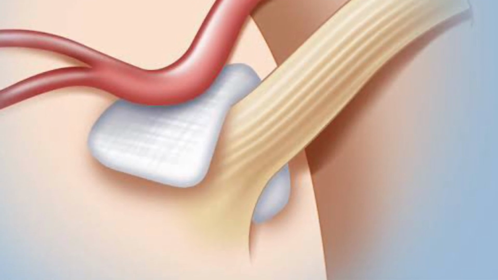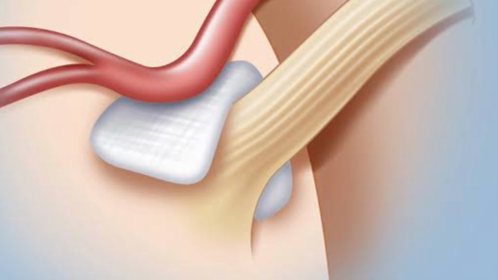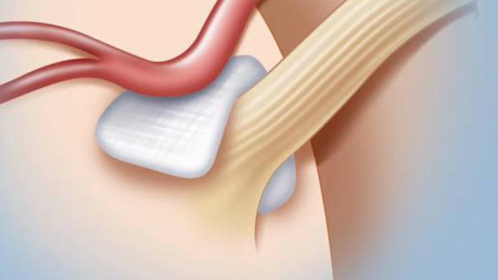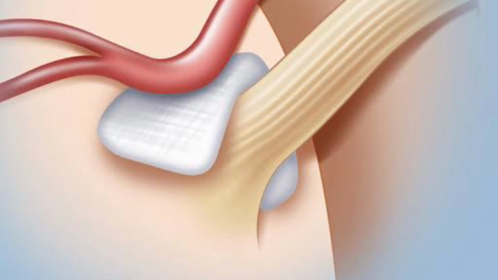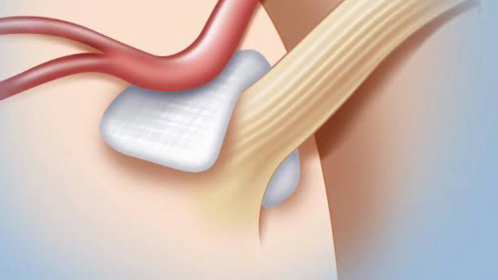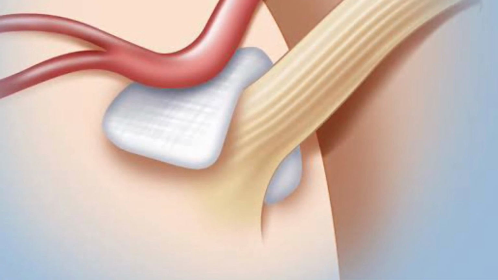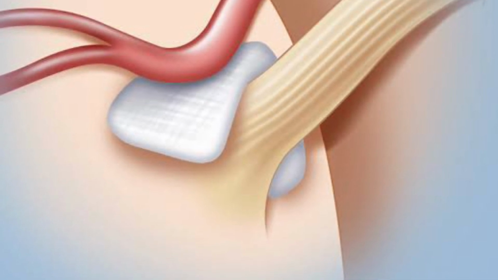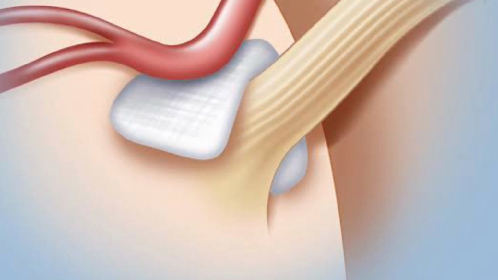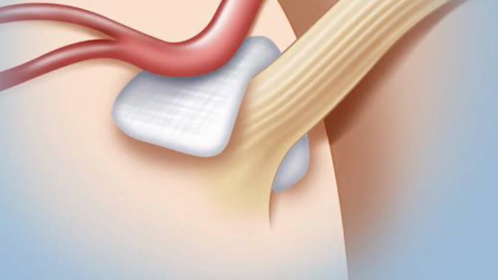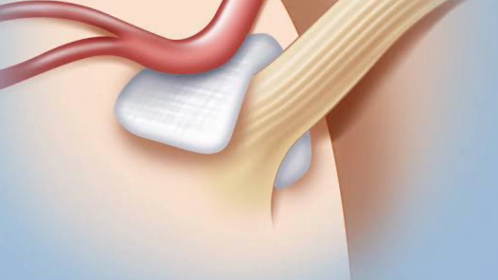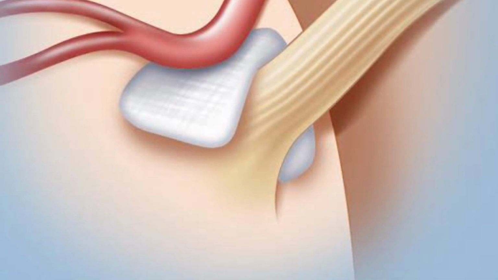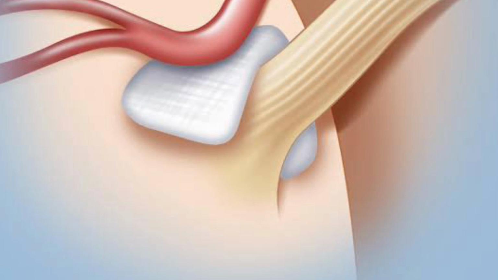Now let's talk about trigeminal neuralgia. This picture shows a Teflon piston placed between the culprit artery and the trigeminal nerve. Trigeminal neuralgia is the most painful condition, caused by an aberrant artery, and the pain is usually distributed to the V2 and V3 region.